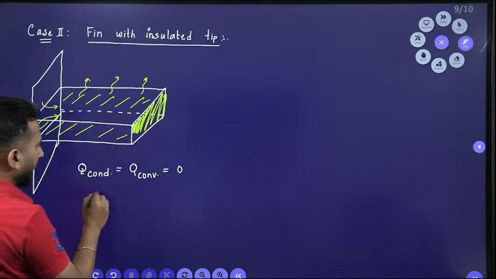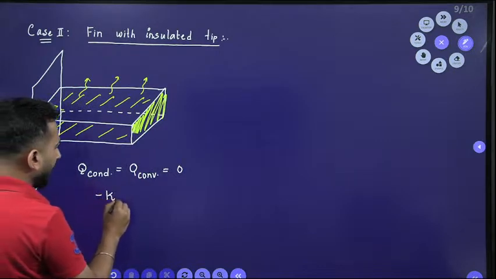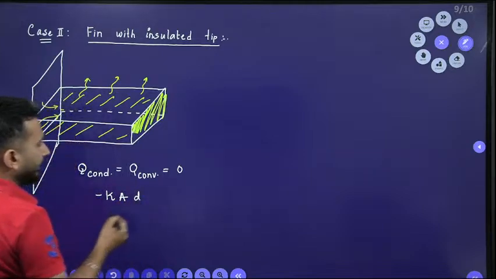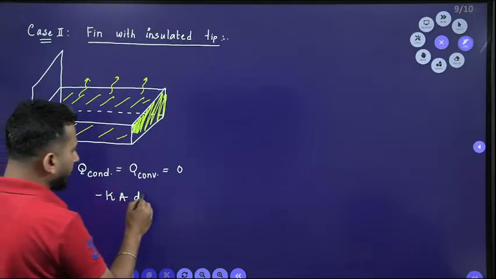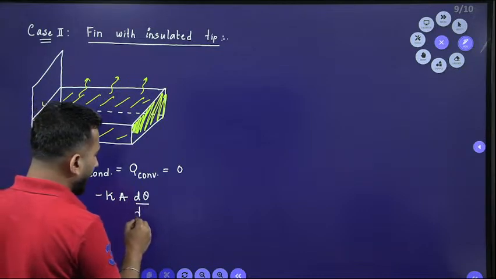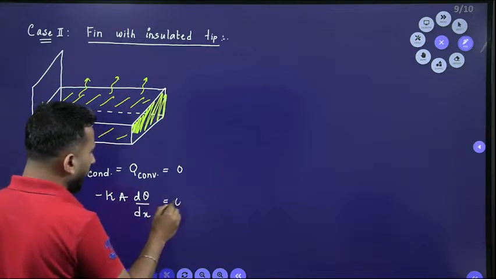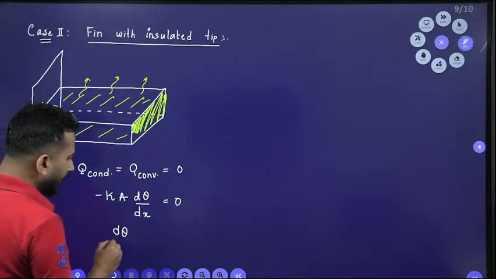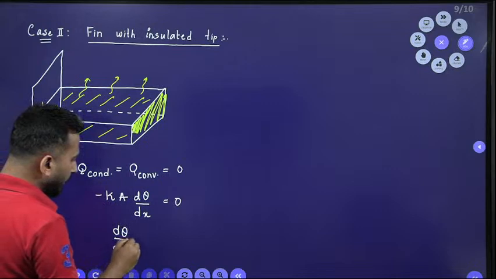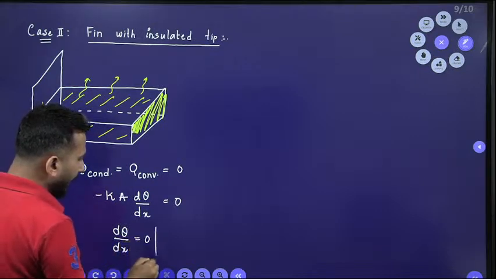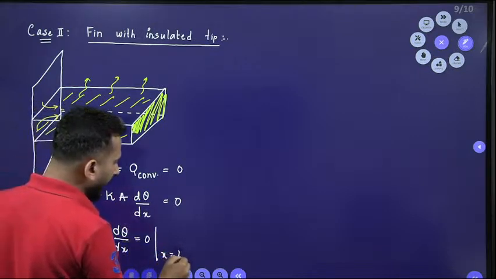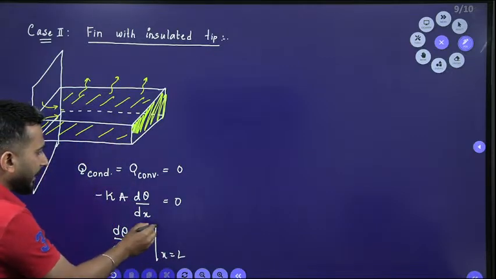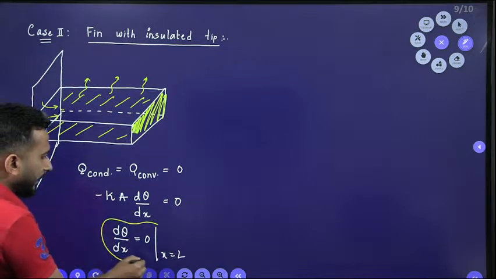So what is the heat conducted? Minus k A dT by dx, so better I write d theta by dx, is equal to 0. K and A cannot be 0, therefore d theta by dx is 0 at x equal to L.